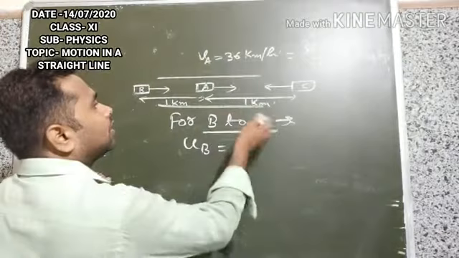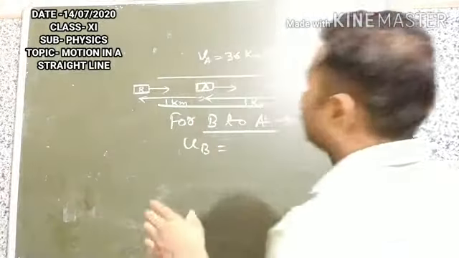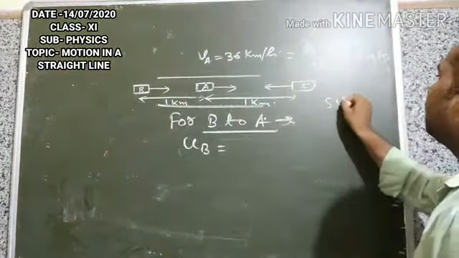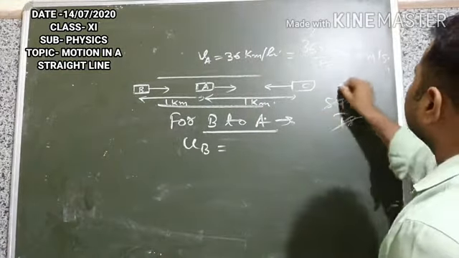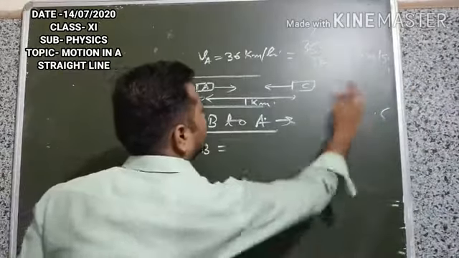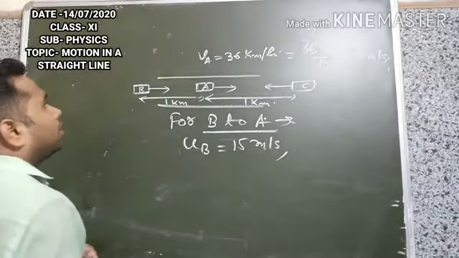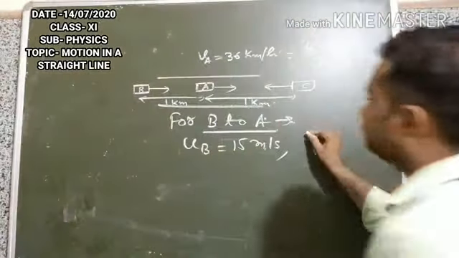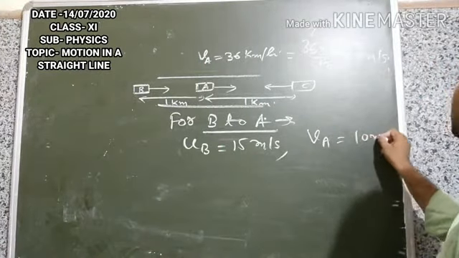We have solved that, it was 54 multiplied by 5 by 18, which gives 15. So UB is 15 meter per second, and VA is given as 10 meter per second.